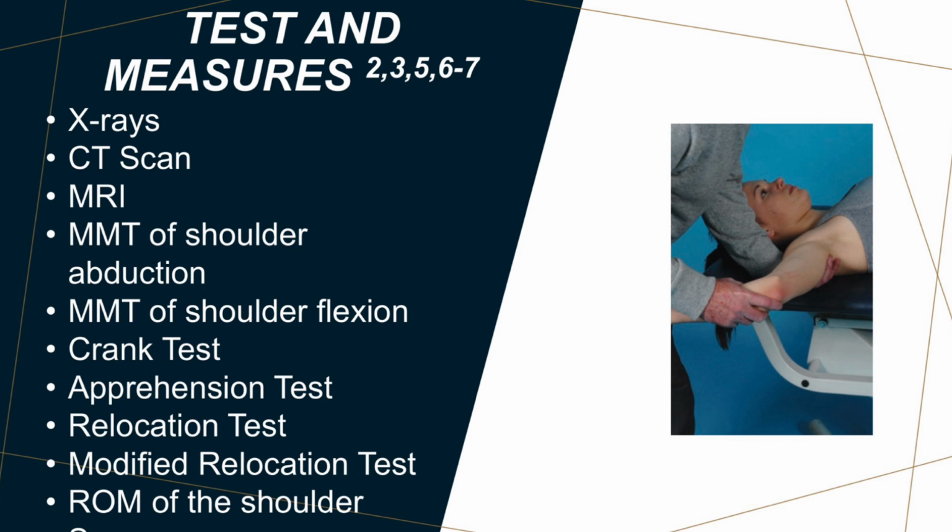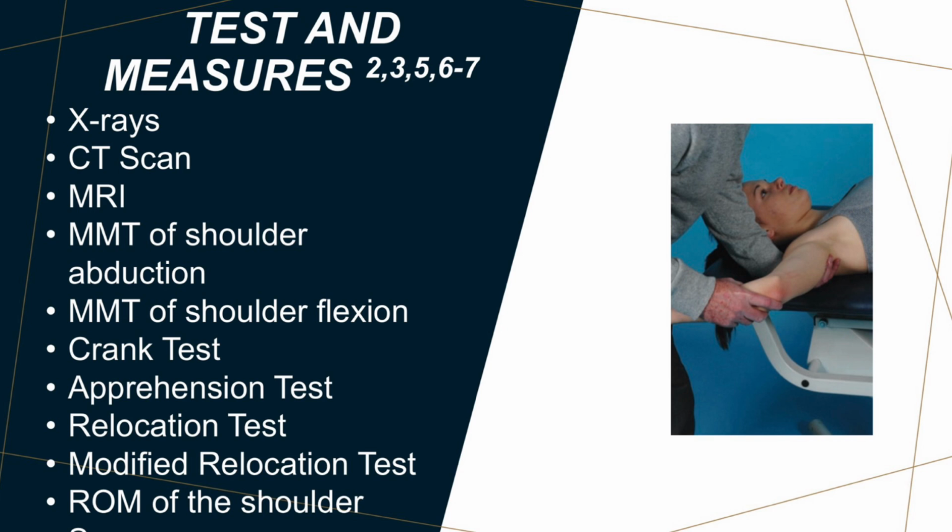will be a positive test. Then the relocation and the modified relocation test. The only difference is that for the relocation test the arm is positioned at 90 degrees, and for the modified one, it's at 120 degrees.